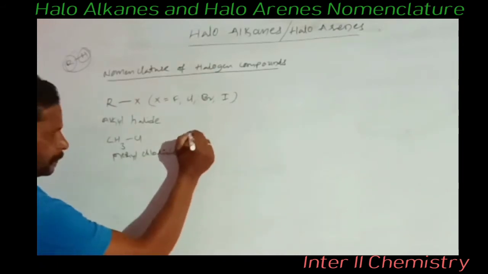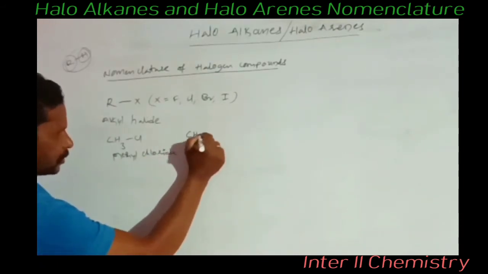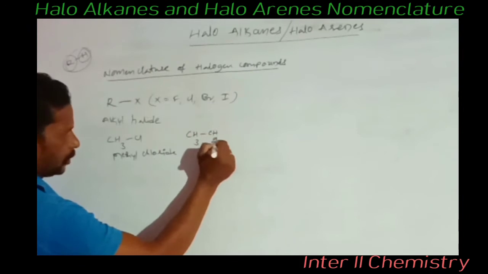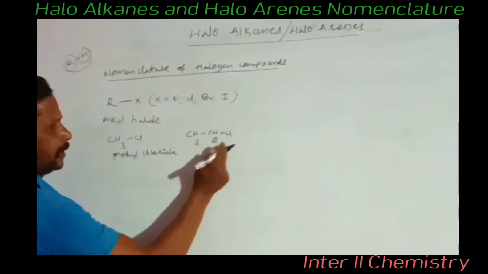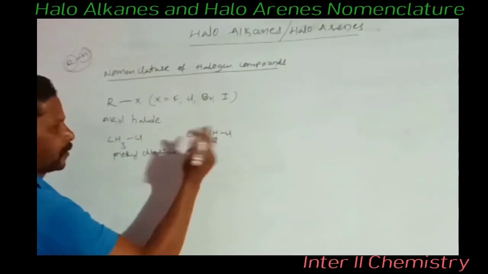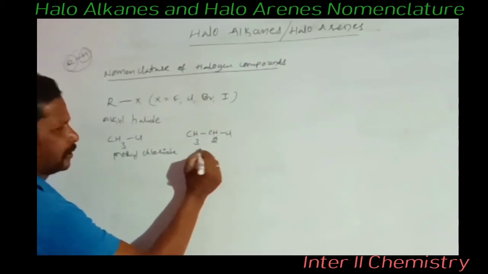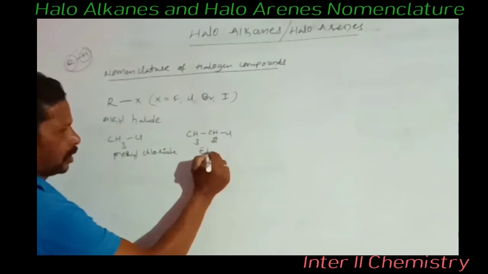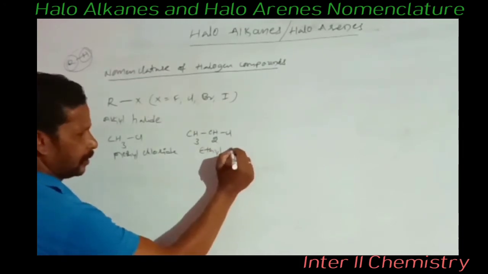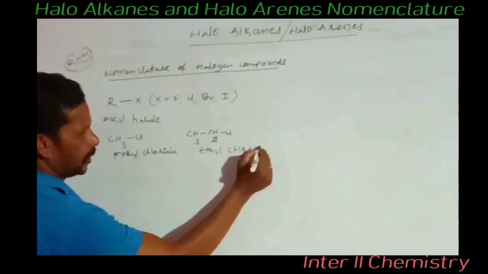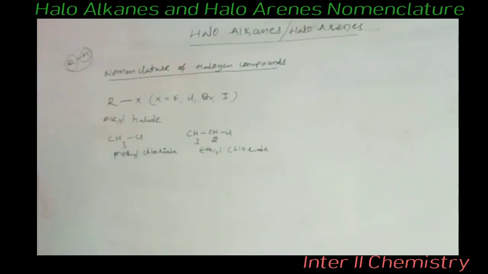In the same way, another one I am writing: CH3CH2Cl. Here it comes from the organic group ethane. By removal of one hydrogen, we get ethyl, so it is called ethyl chloride. So this is the common method.